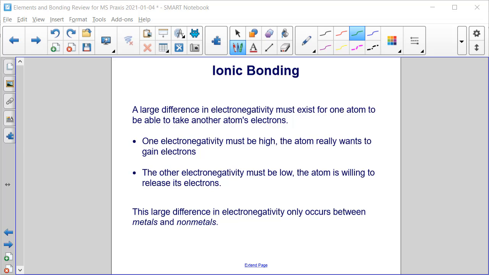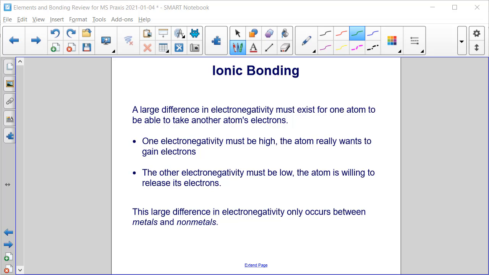So remember when we were talking about electronegativity earlier in this presentation, we had fluorine with a really high electronegativity, 4.0, and on the left-hand side, some of those other metals are much smaller, like below 1, and the difference there is very large. You need a big difference in electronegativity for one atom to be able to take another atom's electrons. So one electronegativity must be high.